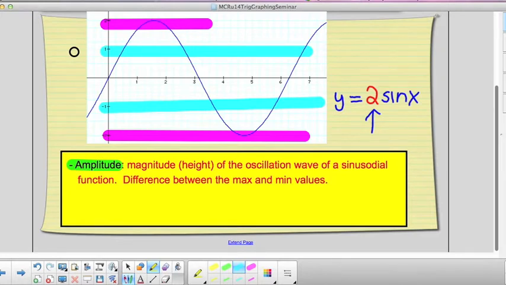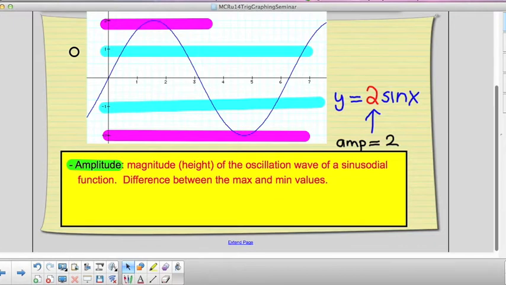So now there are some formulas attached to the amplitude. If you're given the graph right away, like in this question, I know that I would write the amplitude is equal to 2. However, in your unit guide, sometimes you're given the graph or you're asked to draw a function first, and we're going to do a word problem that's similar to that, and you have to figure the amplitude on your own.